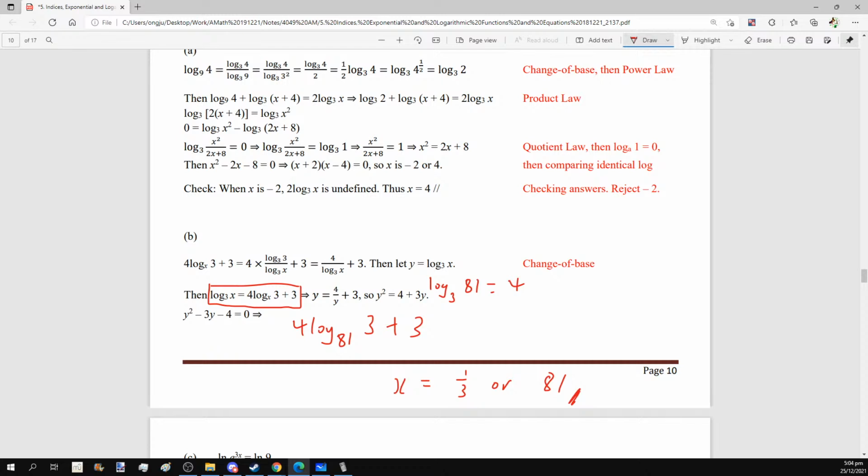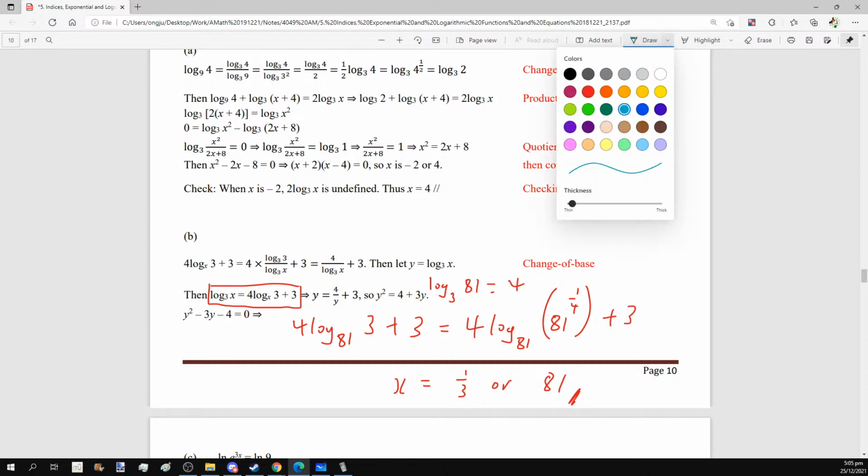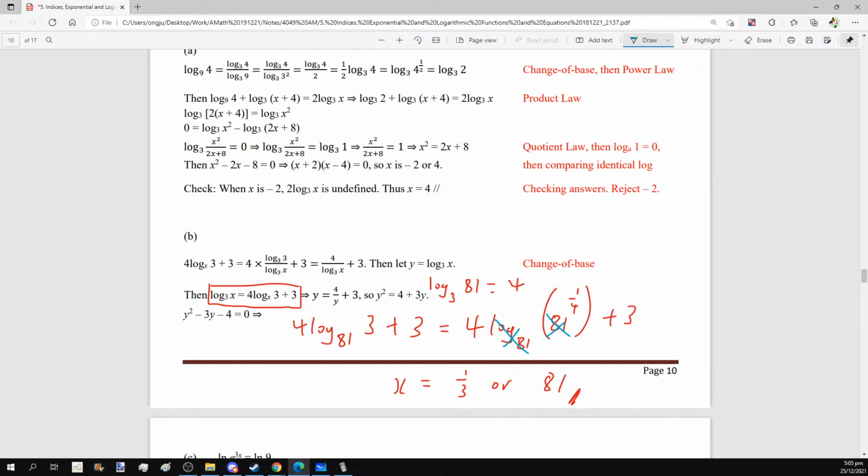In this case, we will recognize that 3 is simply 81 to the power of 1 over 4. If you can't recognize this, you can simply do change of base. But over here, it is clear that the logarithm and the exponent will cancel each other out, and 4 times 1 over 4 will give us 1, and 1 plus 3 equals 4, as desired, right? So you can rest assured knowing that both answers are correct.